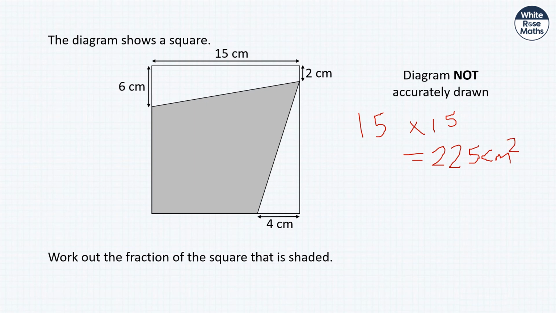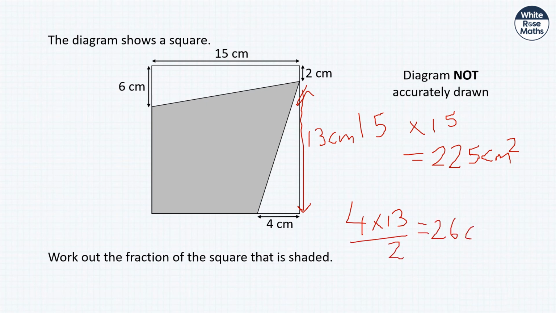The area of this first triangle will be 4 by 13 divided by 2, because 13 plus 2 makes 15. So it's 4 times 13 divided by 2, which is equal to 26 centimeters squared.